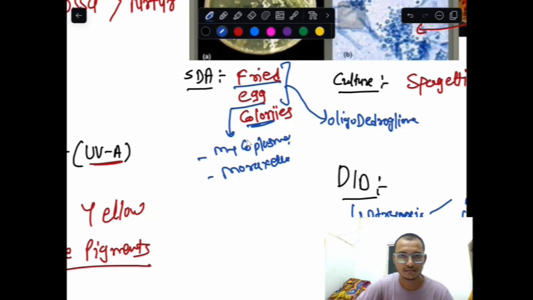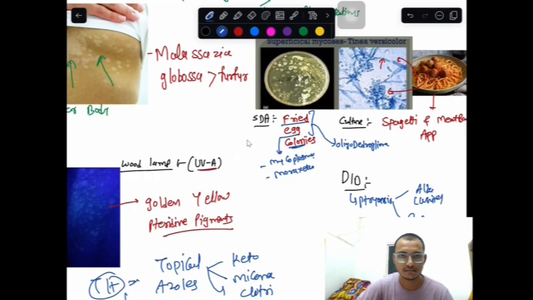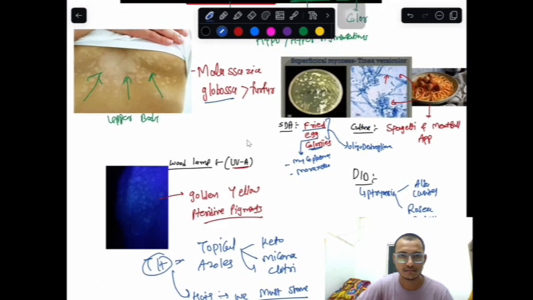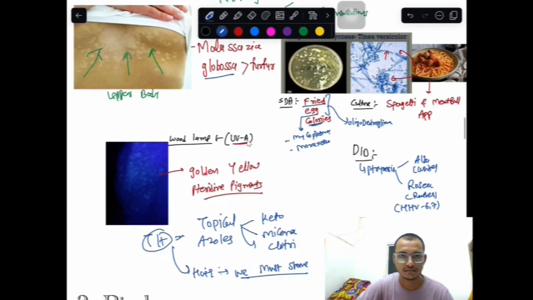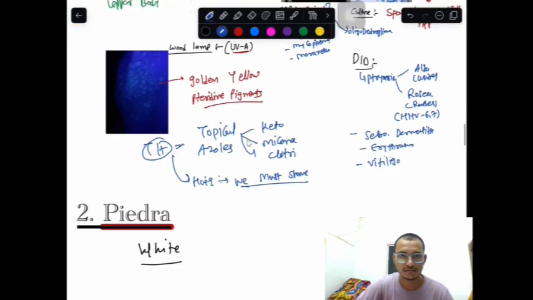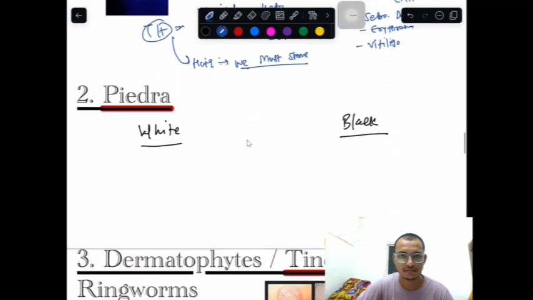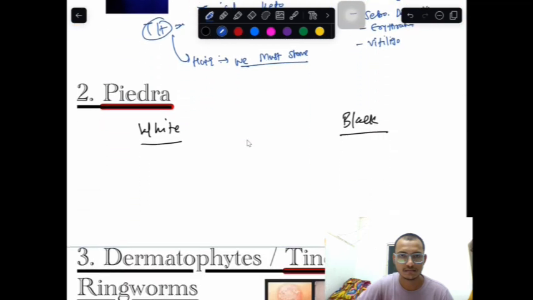So we have to remember these things here itself. The five things: Malassezia globosa, fried egg colony, spaghetti meatball appearance, golden yellow pteridine pigments, and topical treatment.